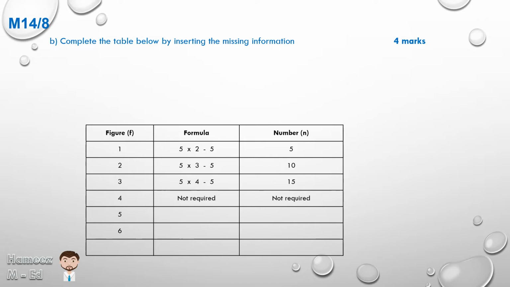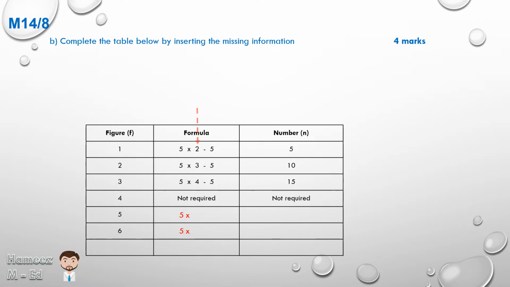So if we look at the pattern, we can see that there's a 5 that remains constant at the beginning. So we can put 5s in the rows of figure 5 and 6, which is what we want to find. The multiplication remains the same, so we can do the same, bring down the multiplication. The 2, 3, and 4, well, that has changed.